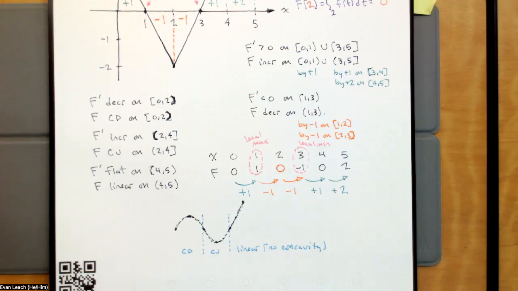We can read a lot from the derivative. The sign of the derivative tells us the direction of the function. The area tells us how much.